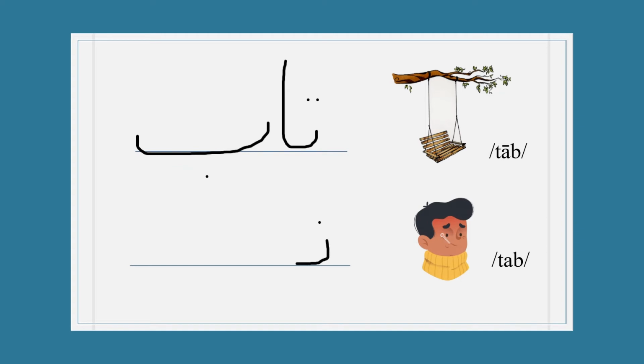Top. Then tap. T in the beginning. Then we have the short vowel a. So we put it just over our letter T. Ta. And then comes b at the end of our word. So we write it longer. Tap, fever.